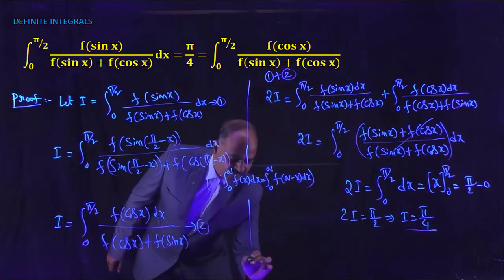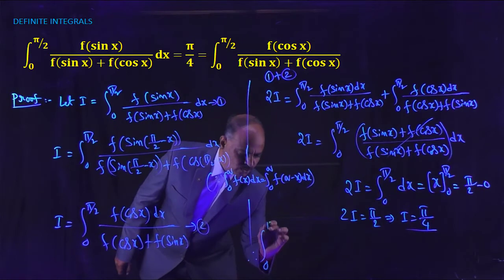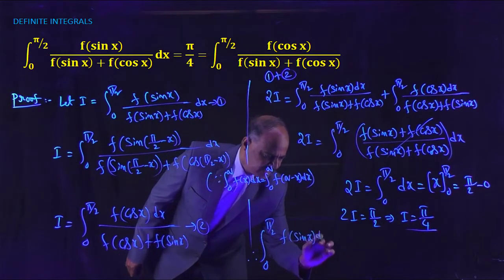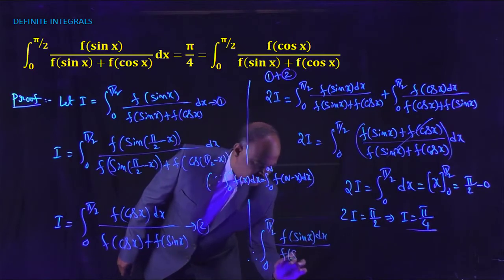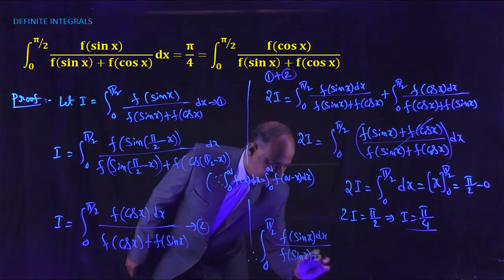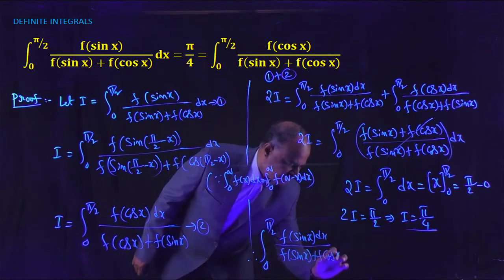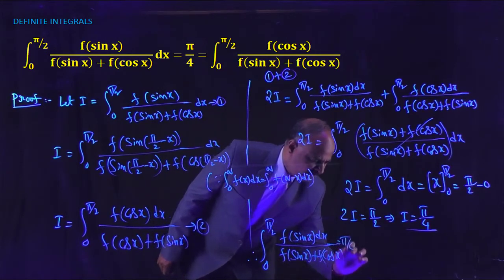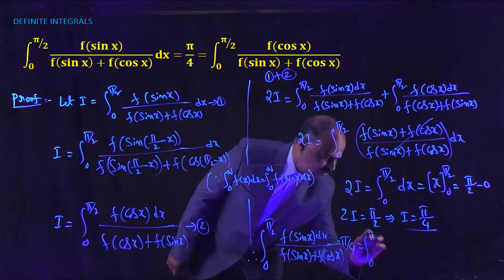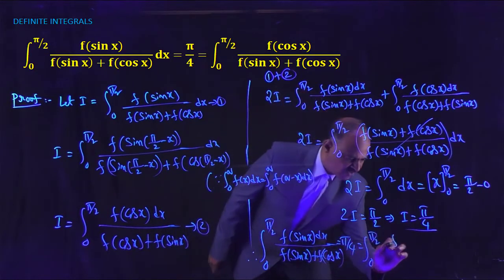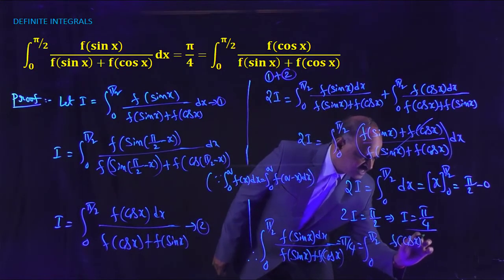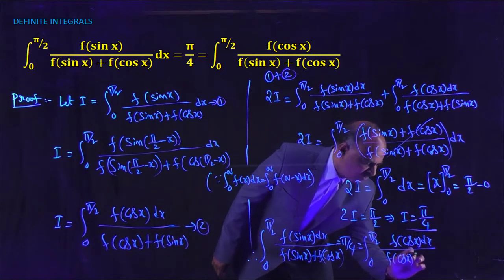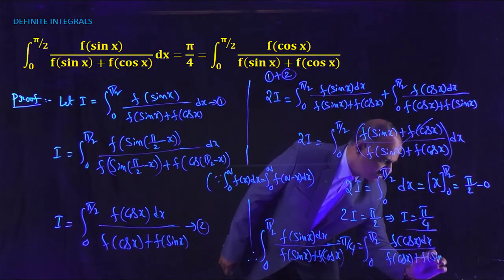Therefore integral 0 to pi by 2 f of sin x dx by f of sin x plus f of cos x equals pi by 4, that is equal to integral 0 to pi by 2 f of cos x dx by f of cos x plus f of sin x.